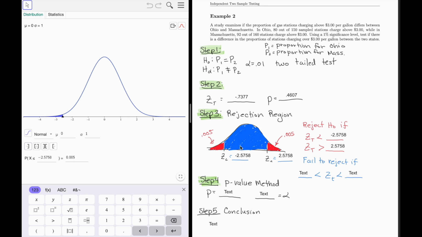If I fall in the blue area, if I fail to reject and I'm not in the rejection region, that means it's going to be between negative 2.5758 and positive 2.5758.